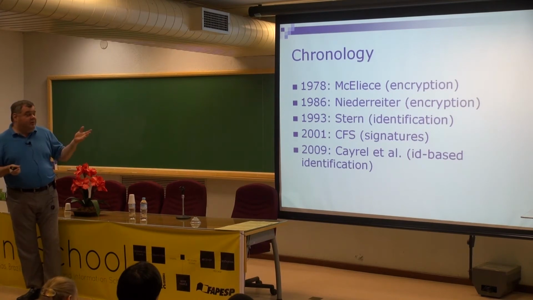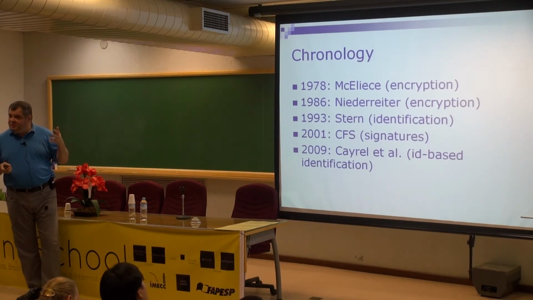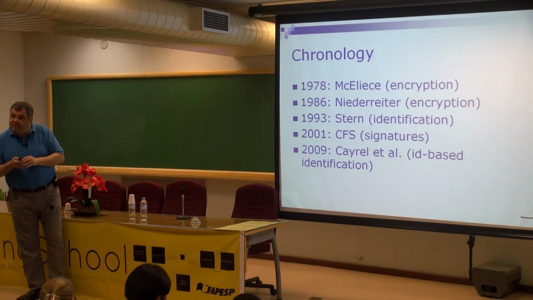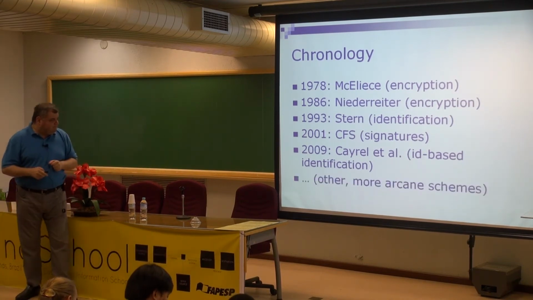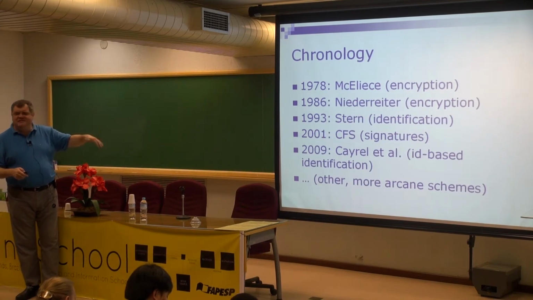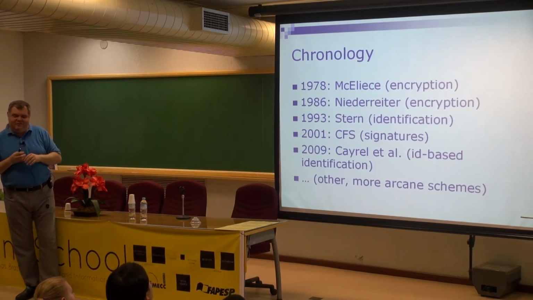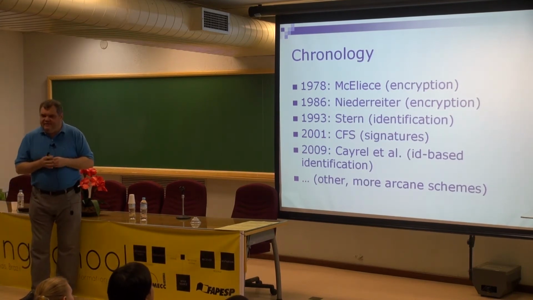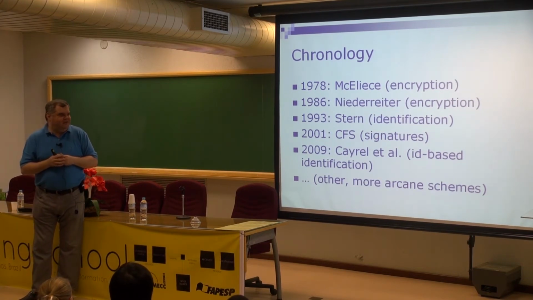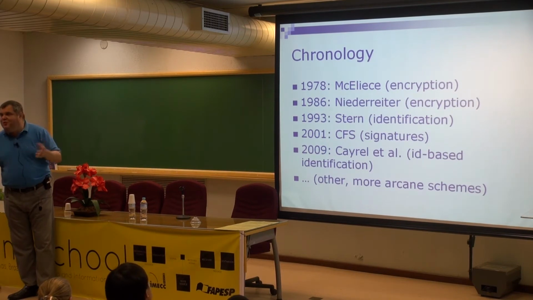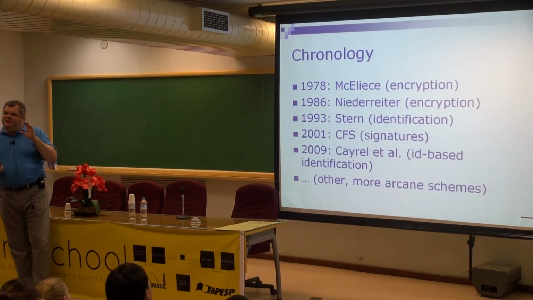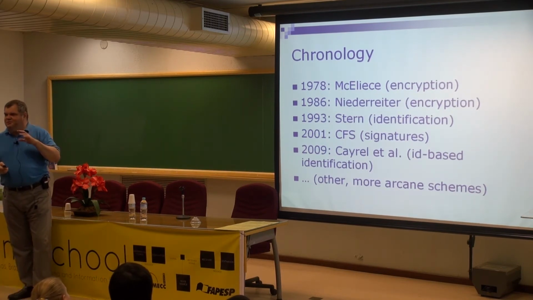This is one of the research opportunities I will talk about tomorrow. And there are other schemes, completely non-intuitive. We can do some very strange things using codes and cryptography in general. But we will only have time to look at the basic schemes here.